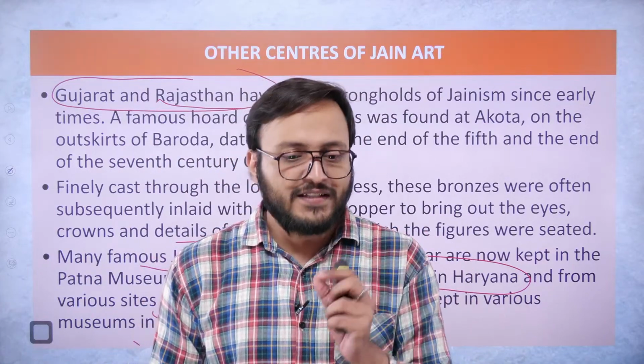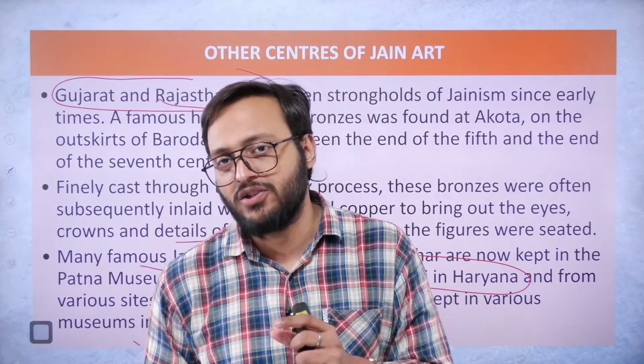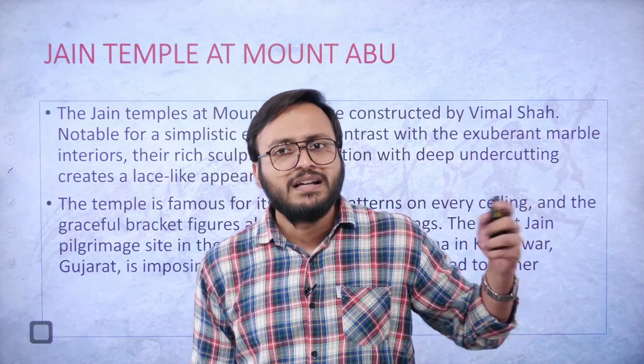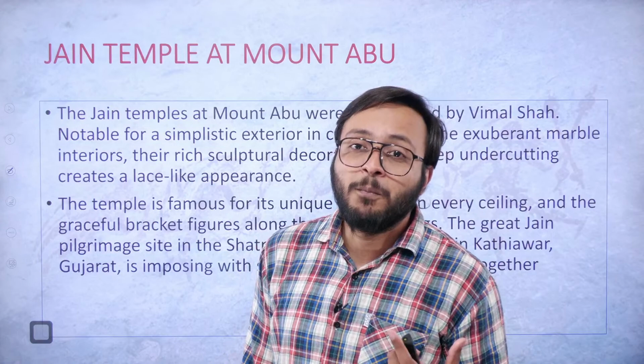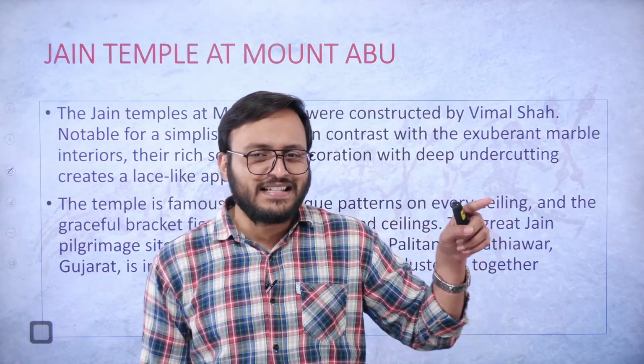You will observe that around the 10th, 11th, and 12th centuries, Jain sculpture and temple architecture increasingly become more decorative, richer, and more aesthetic in appearance. Unlike the earlier and simpler structures, Jain temples now become richer. Can anybody tell me the reason?